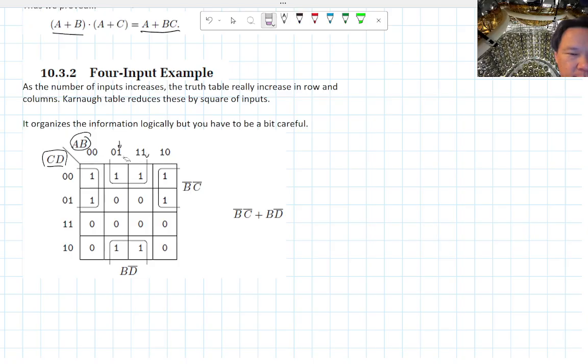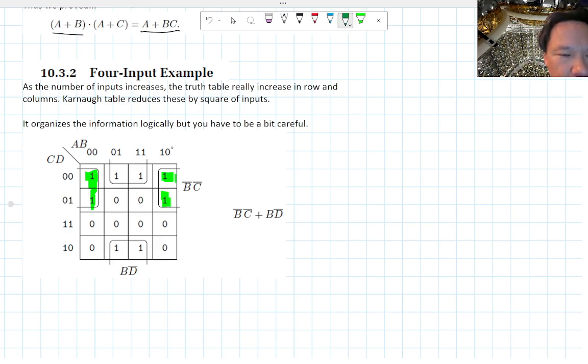I'm going to erase these little arrows so we can see the pattern easily. We see all the 1s here, and one thing to know about these Karnaugh maps is that they're cyclic, so be a little careful. Whatever happens here is connected to what's on this side also. So there's something common between all these 4 boxes.